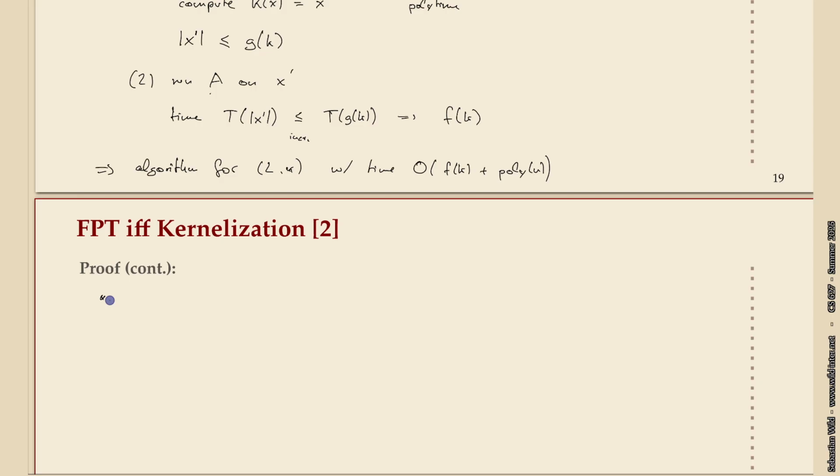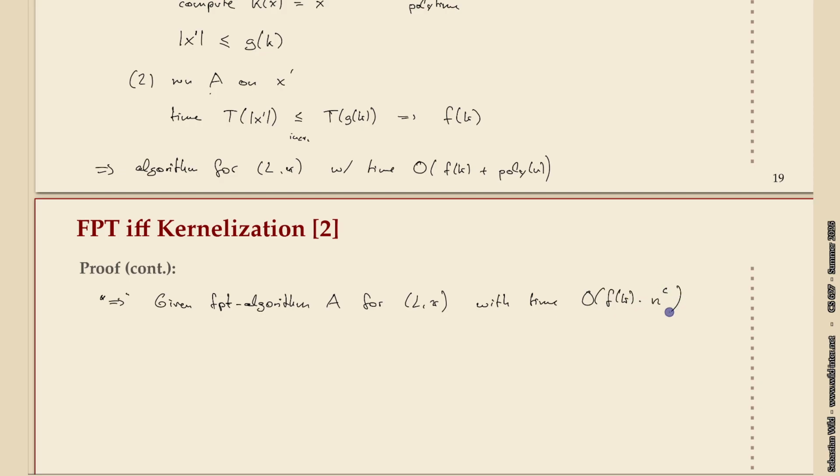Now for the other implication, we start with an FPT algorithm. And we know it has some running time that's given by a function of the parameter times a polynomial.